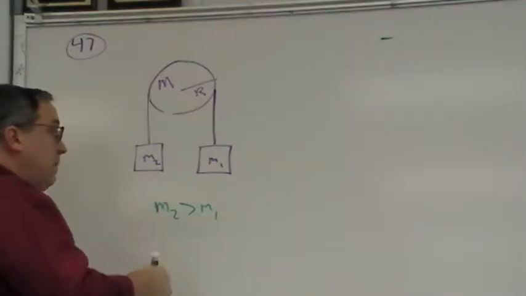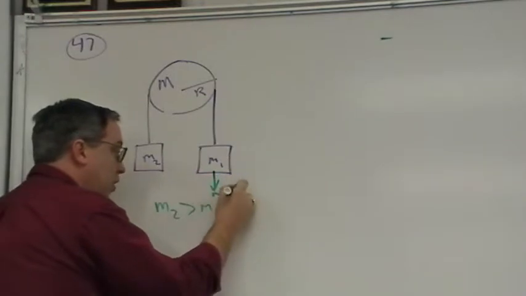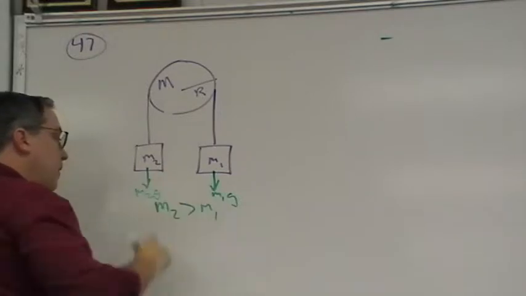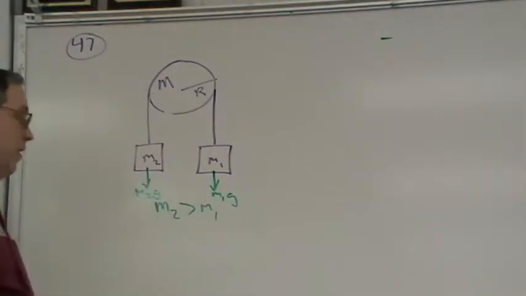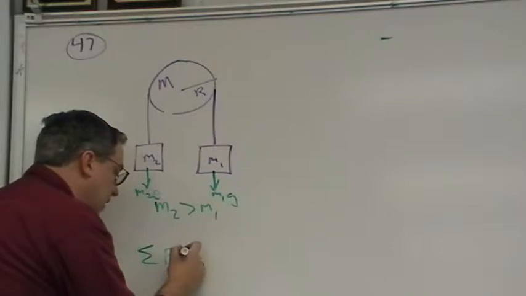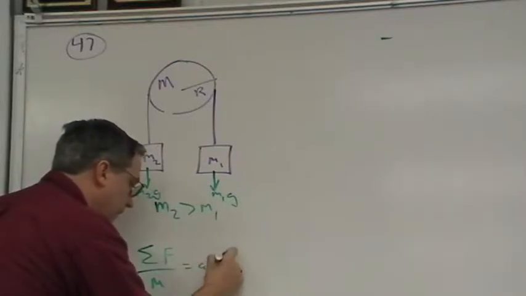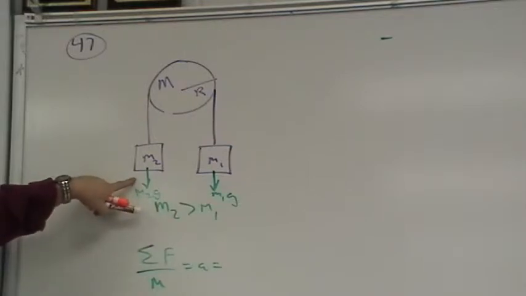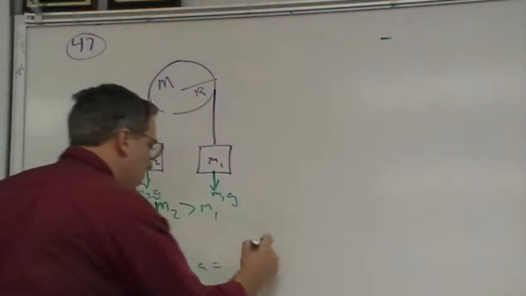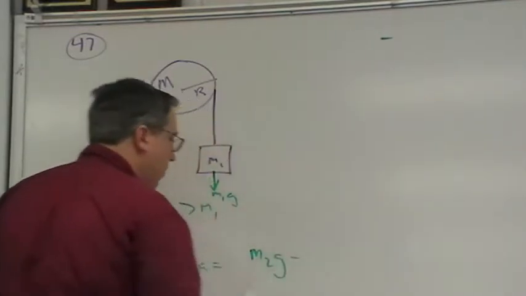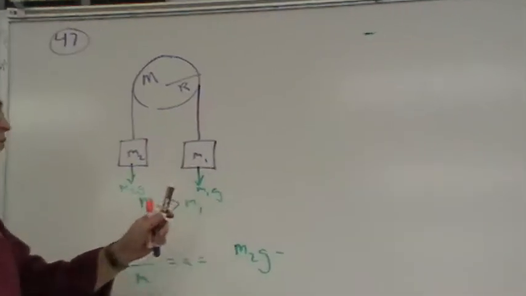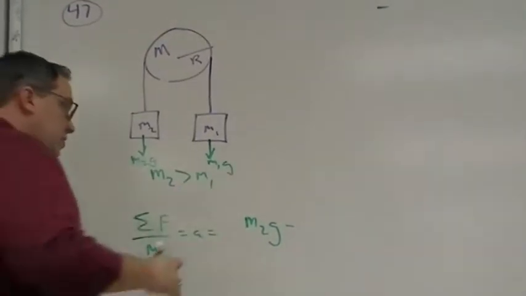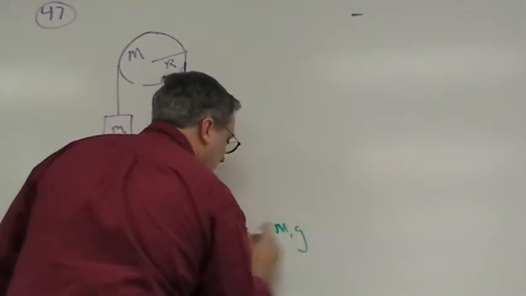So, skipping to the final answer, you have M1G pulling down this side, M2G pulling down this side. If we use the net force idea, if M2 is greater, M2G is the force making us go. M1G, does it help or resist us? It resists, so you subtract that.